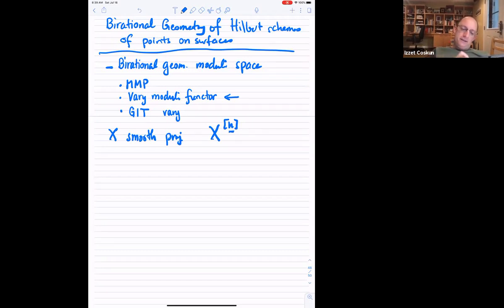The idea goes back to Bridgeland, Bertram, and many other people. The main idea is that maybe you can vary the category.